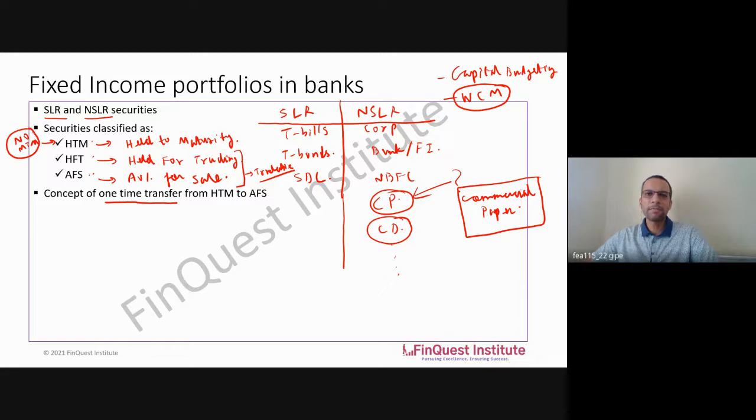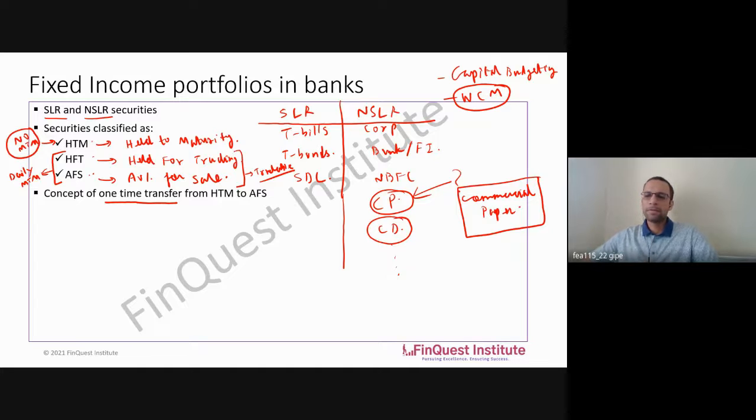I'll simply carry them at the book value which I had procured them at. Now, this is an advantage because whenever I'm not MTMing my positions, that means I don't have to worry about interest rate fluctuations. So for the HTM portfolio, I don't have to worry about the way in which my yield curve shape is changing. But that is not the case for HFT or AFS. Anything which is sitting inside HFT and AFS, you have to do a daily MTM.